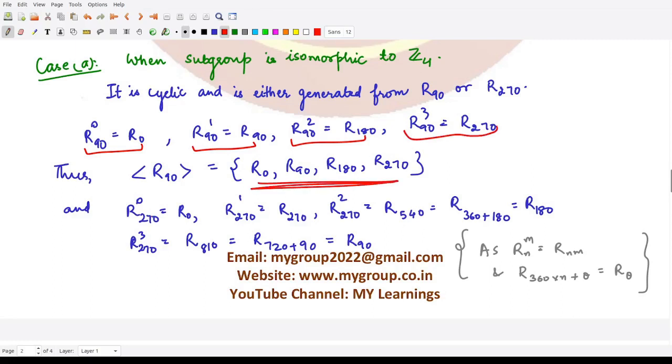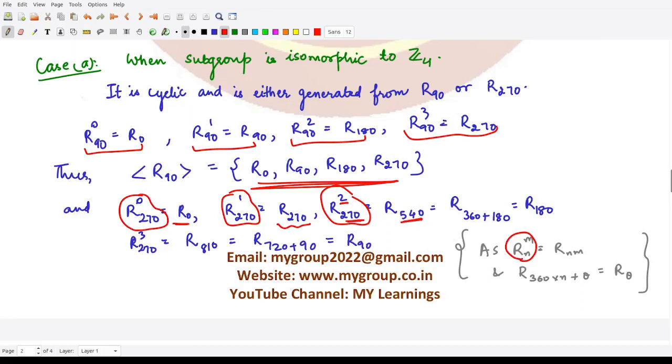And similarly, when you take the powers of R270, we can use this result, R(n) to the power m equals R(nm). First of all, the power 0 of R270 is R0. The power 1 of R270 is R270. What about power 2? Here we can apply this result. We multiply 2 with 270, it would be 540.